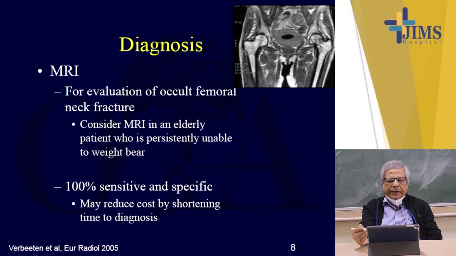MRI is only indicated in cases of occult femoral neck fracture, that is, when in the X-ray the fracture is not very obvious. Consider MRI in an elderly patient who is persistently unable to weight bear. Here you can see the occult fracture. This is 100% sensitive and specific, and may reduce cost by shortening time to diagnosis.